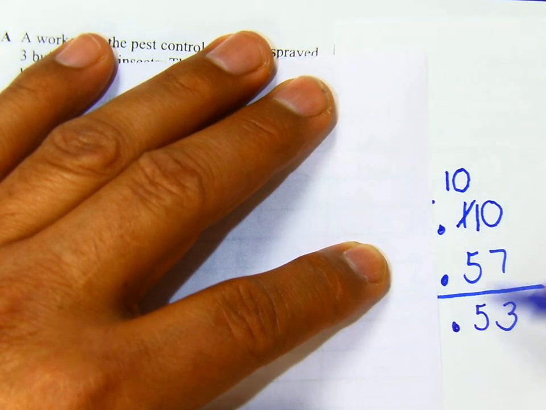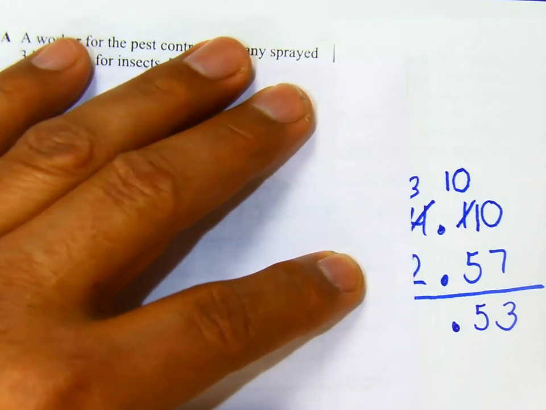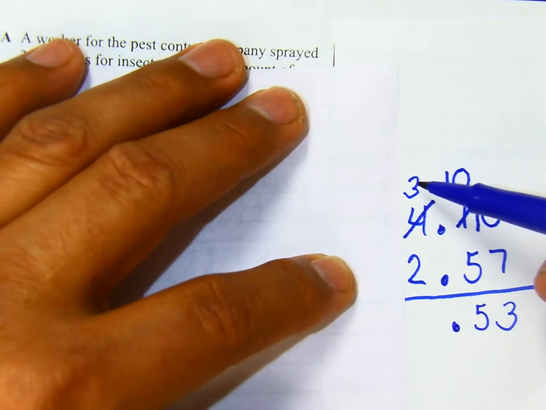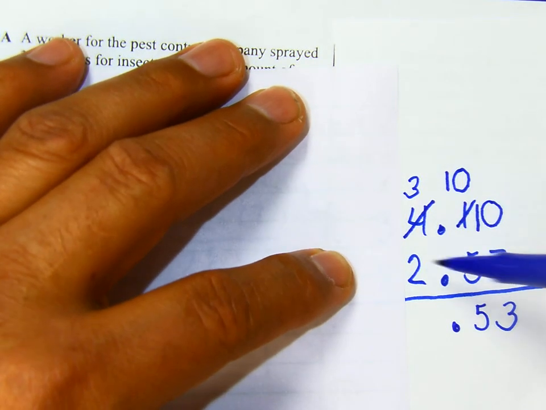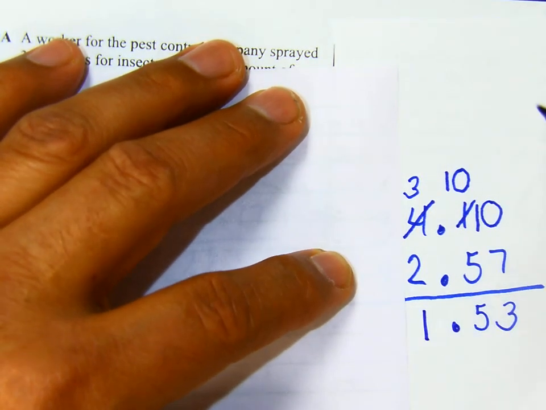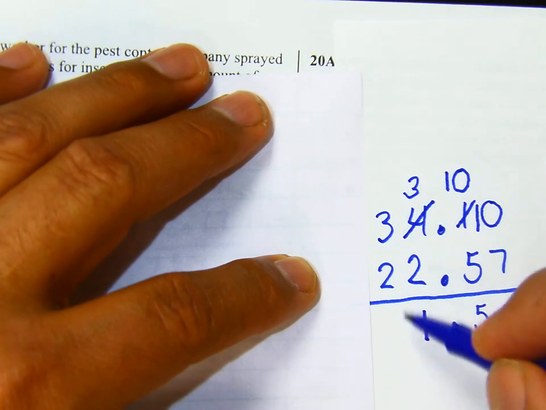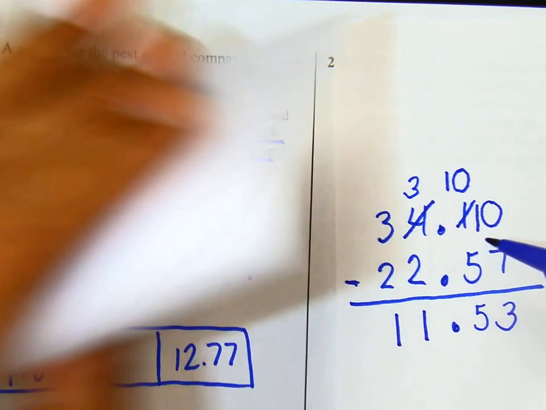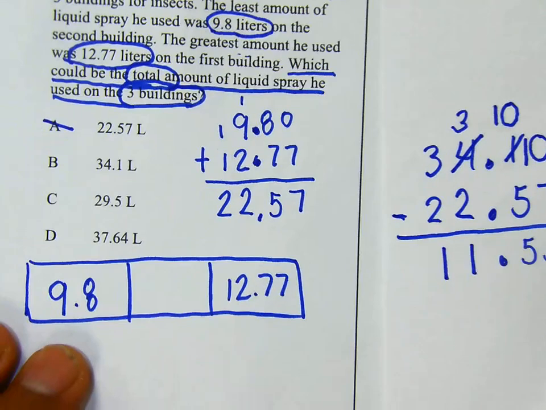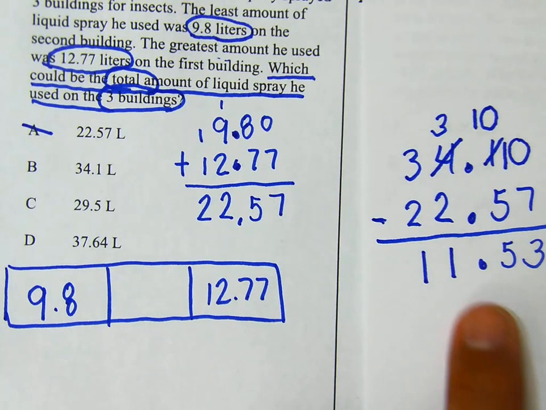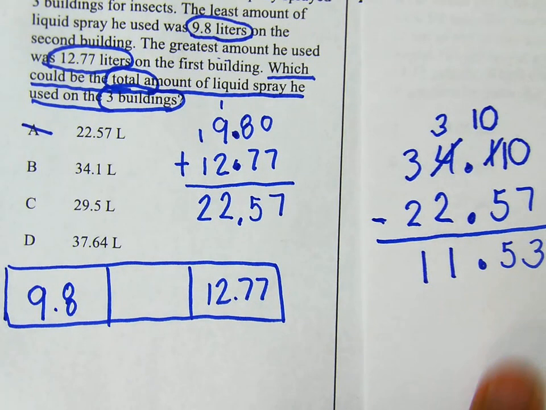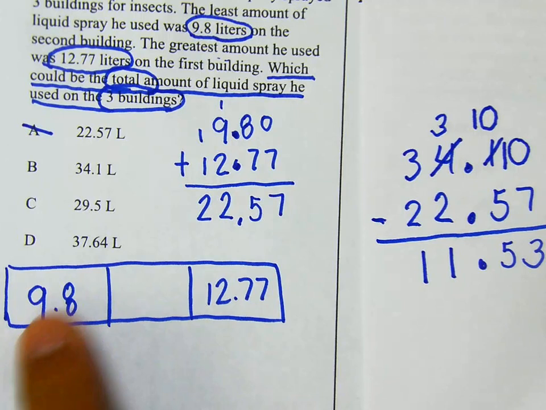I bring down my decimal. Then I go to the 1's place. Now 3 minus 2, that equals 1. And then 3 minus 2 gives me 1 again. So if I look at these numbers, that's 11 and 5,300ths going between these 2 numbers.